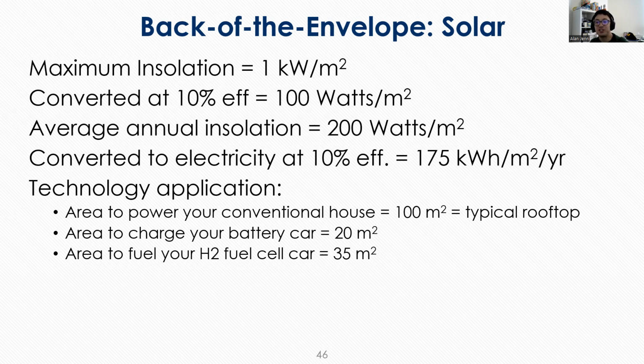To charge your battery car, you need about 20 meters squared. To fuel a hydrogen fuel cell car, a little bit bigger because of the efficiency losses, 35 meters squared. Hopefully that gives some high level back of the envelope estimation of the solar needs to power these types of demands.